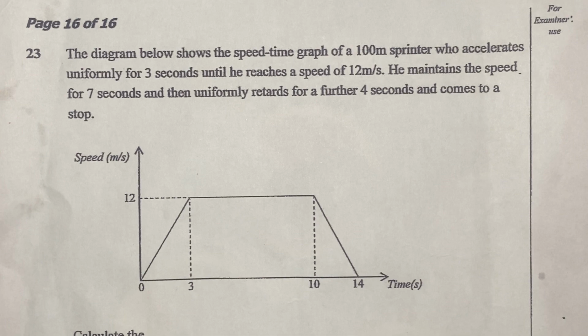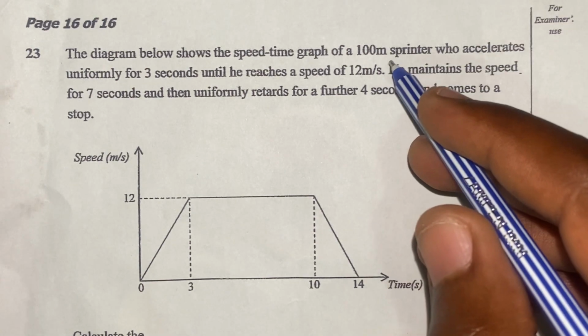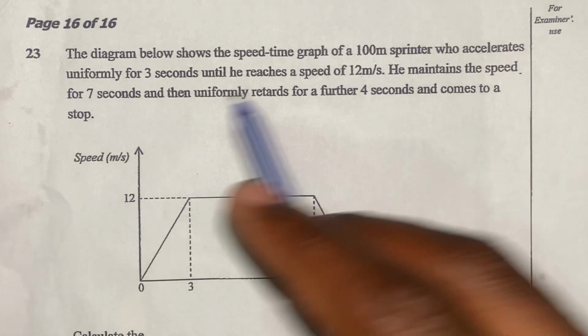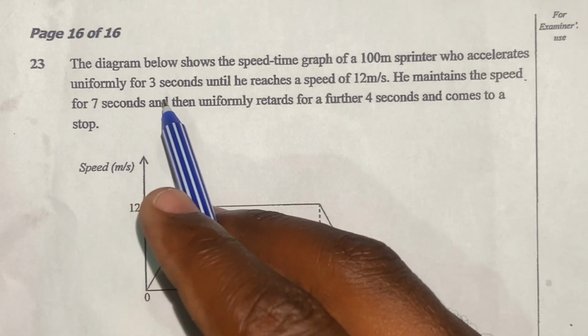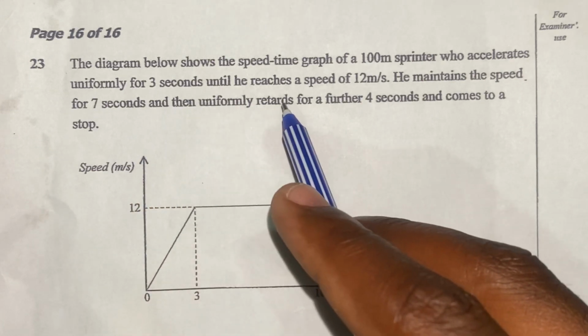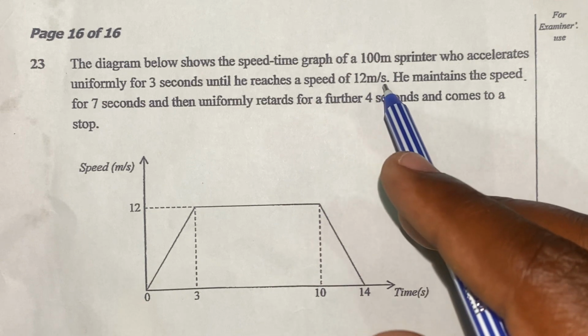In today's tutorial, we're going to consider question 23, which is in mathematics paper 1, and the last question, which is under distance time graph. We're going to use a 2017 paper 1 internal exam, and it says the diagram below shows the speed time graph of a 100-meter sprinter who accelerates uniformly for 3 seconds until he reaches a speed of 12 meters per second.